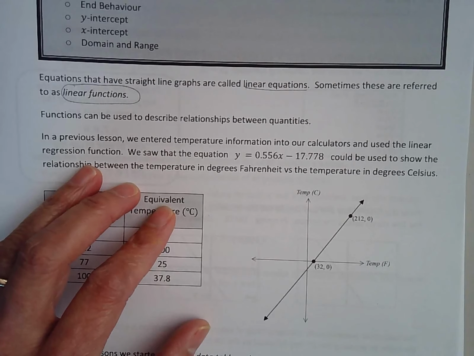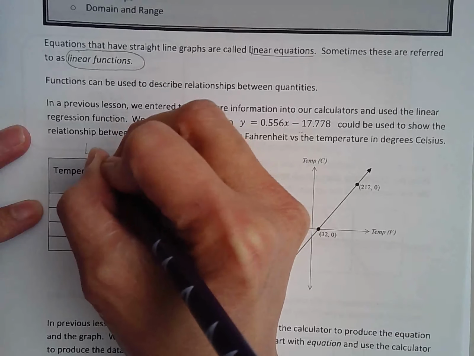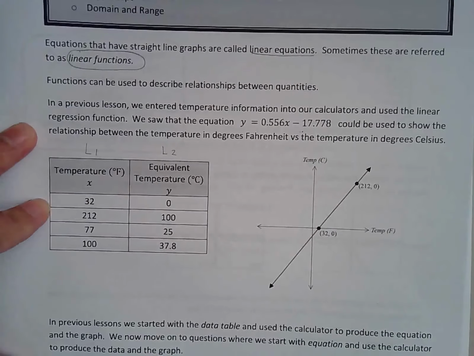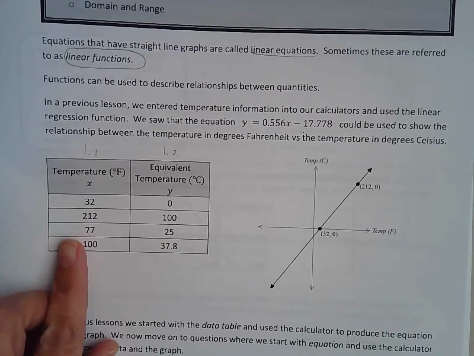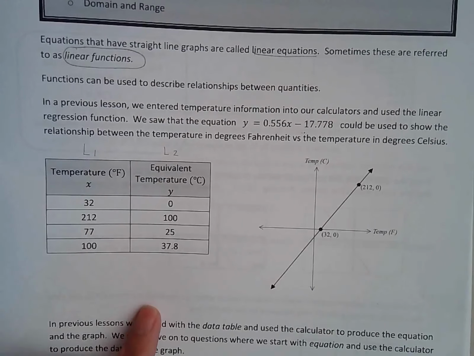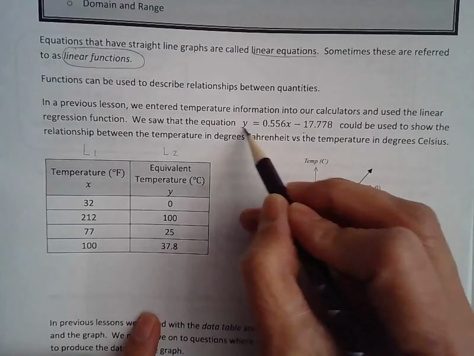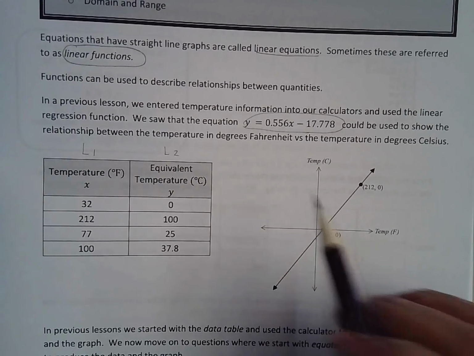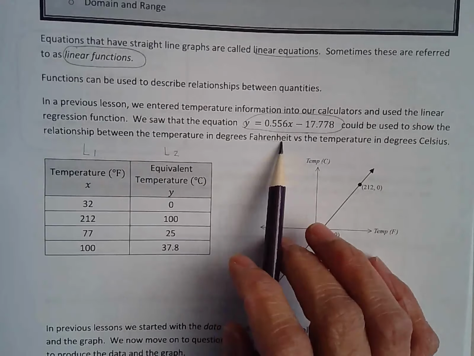We entered the values on L1 and L2, and then we figured out the regression equation. This is the regression equation. That equation relates the linear relation between degrees Fahrenheit and degrees Celsius.